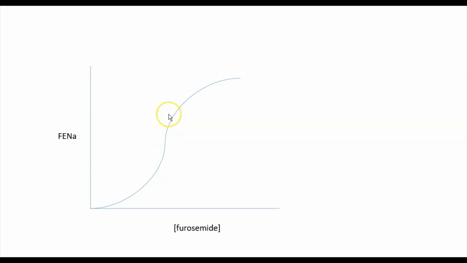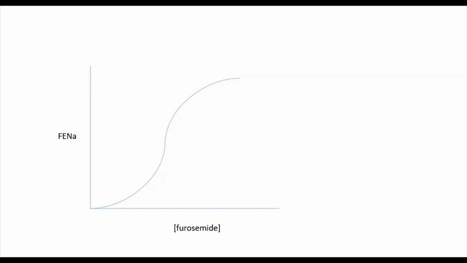Furthermore, if you're getting really effective diuresis of several liters per day, you can quickly shift the patient from the right side towards the left side of the Frank-Starling curve, such that they start to get down that steep left-sided portion of the Frank-Starling curve and can therefore precipitate worsening cardiac function as they get towards hypovolemia and precipitate a diuretic-induced pre-renal acute kidney injury.